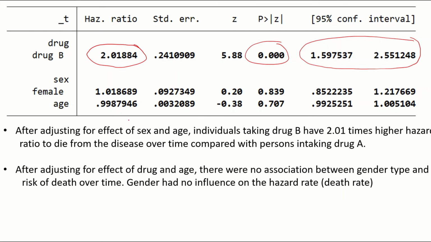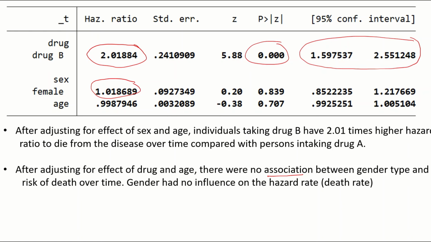For the risk factor which is the sex or gender, the way to write the results is to state that after adjusting for the effect of drug and age, there was no association between gender and the risk of death over time. Why?